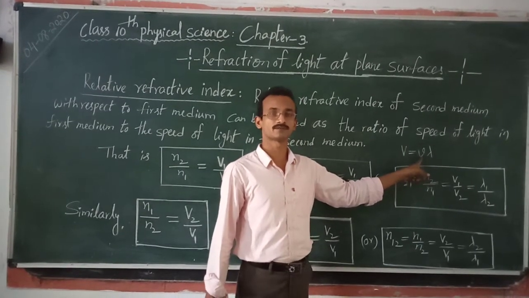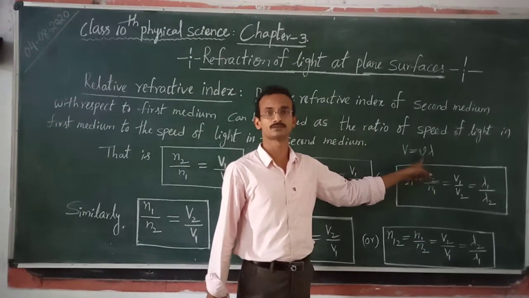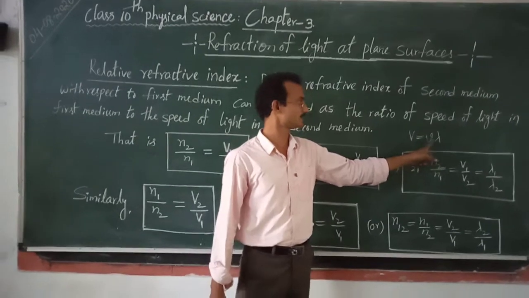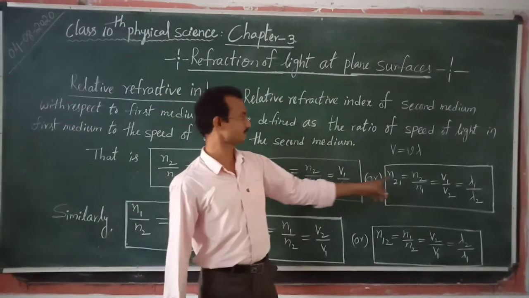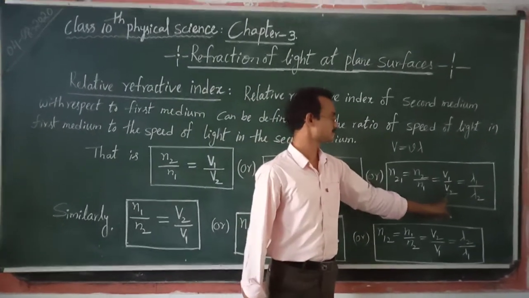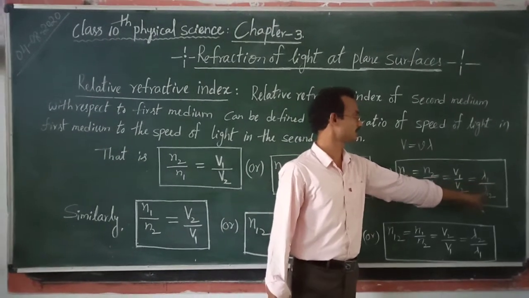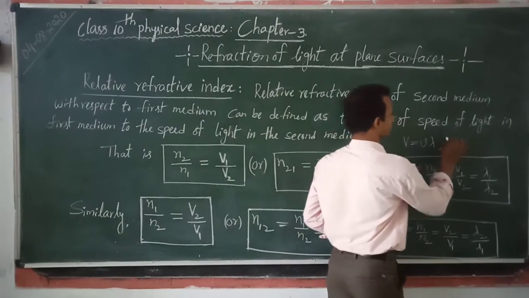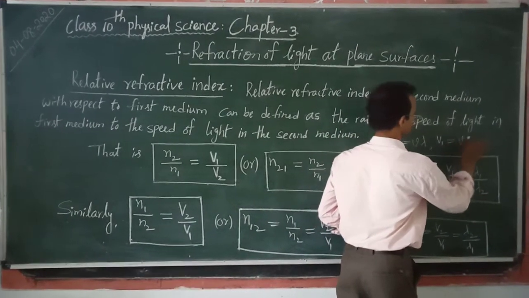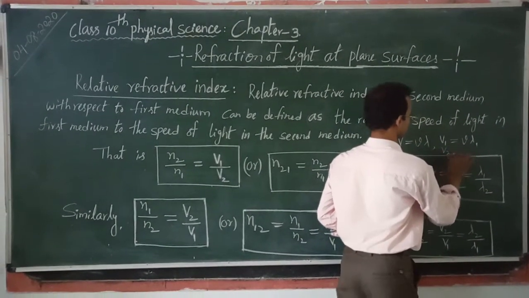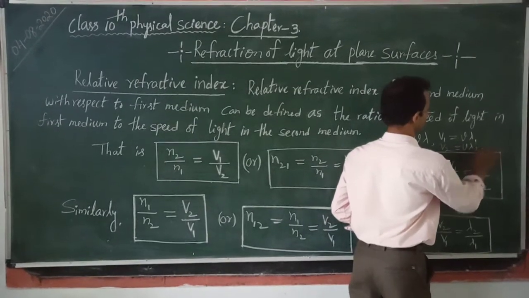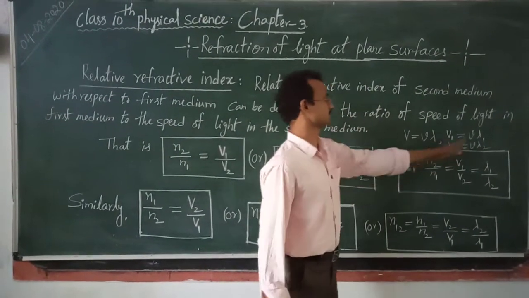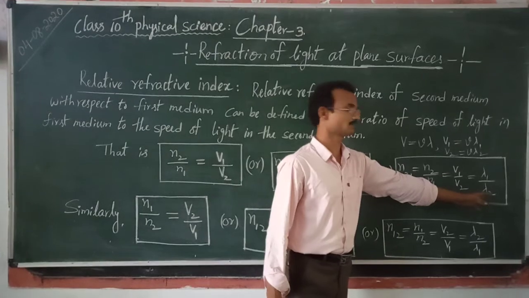Since the frequency does not change from medium to medium, the nu value gets cancelled. That's why we can write v1 by v2 as lambda 1 by lambda 2. Why? Because v1 is nu lambda 1 and v2 is nu lambda 2, so v1 by v2, nu gets cancelled, giving lambda 1 by lambda 2.